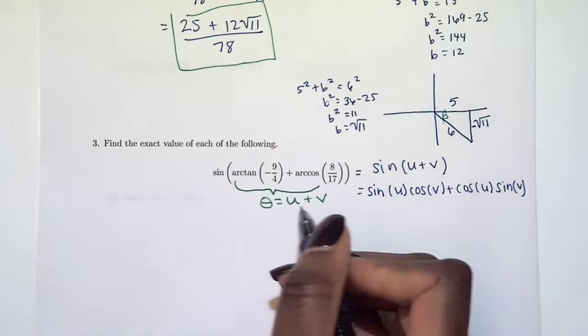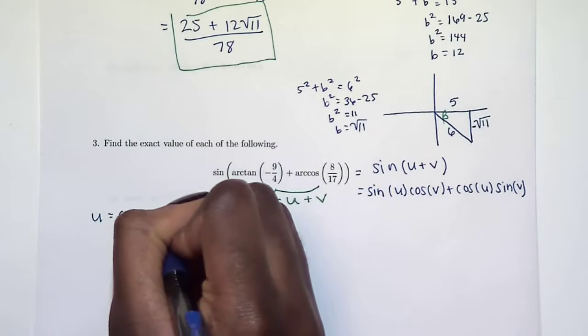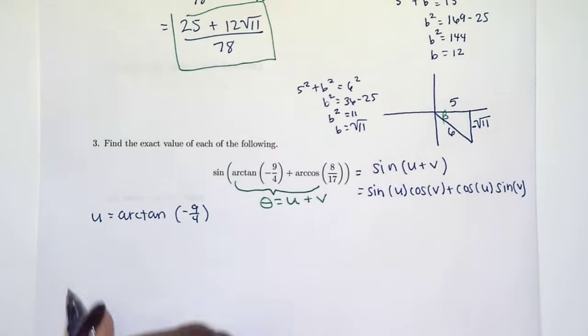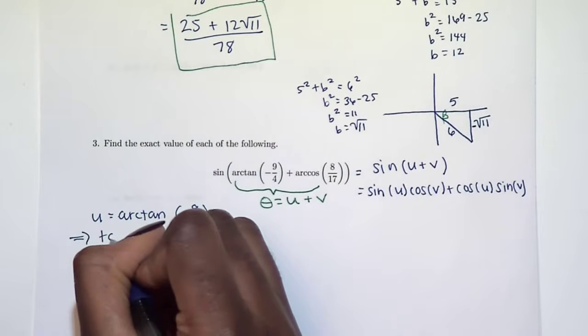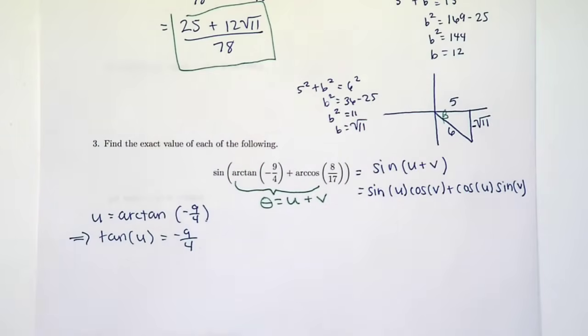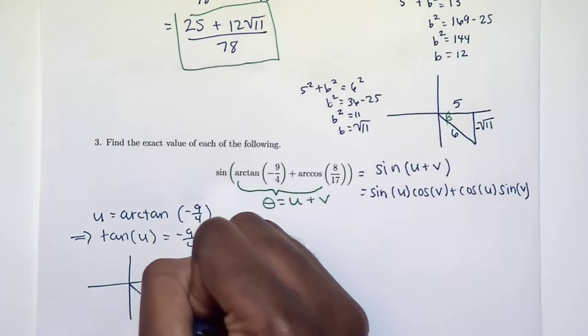We know exactly what this means. That's equivalent to saying tangent of the angle U is negative 9 over 4. What quadrant is U going to be in? It's either quadrant 1 or quadrant 4 because that's where arctangent angles are found. We know it's quadrant 4 because tangent is negative.